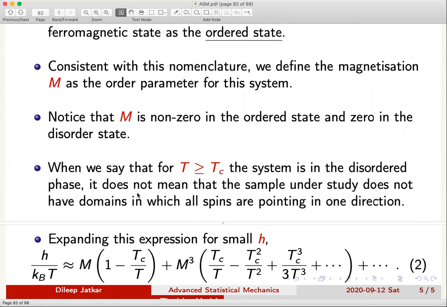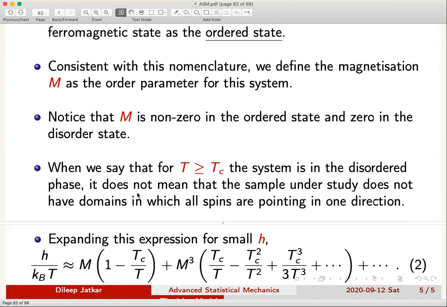Now, when one says that the system is in the disordered phase, one doesn't really mean that there are no domains of spins pointing in one direction. That can still happen, even for temperatures T greater than Tc.